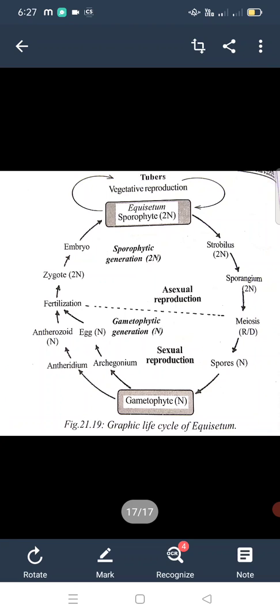From the zygote, the embryo develops. From this embryo, the Equisetum sporophyte plant is formed. It has a 2n number of chromosomes. This is the graphical life cycle of Equisetum. Thus completes your Equisetum. Thank you.